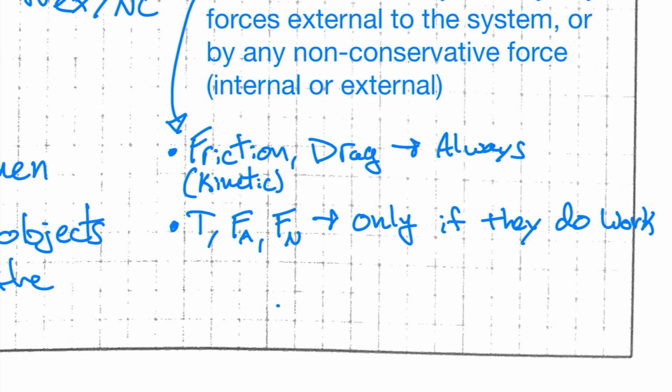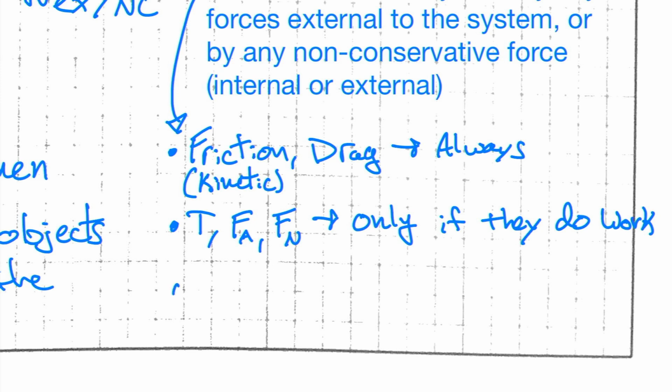In a pendulum, tension is perpendicular to motion. Tension is towards the pivot point, but the motion is radial. So tension doesn't do any work in a pendulum, and it won't change the energy of a pendulum. But if you pull a box across the ground with a rope, then the tension is in the direction of motion, and tension definitely does work, and it will change the energy of the box.